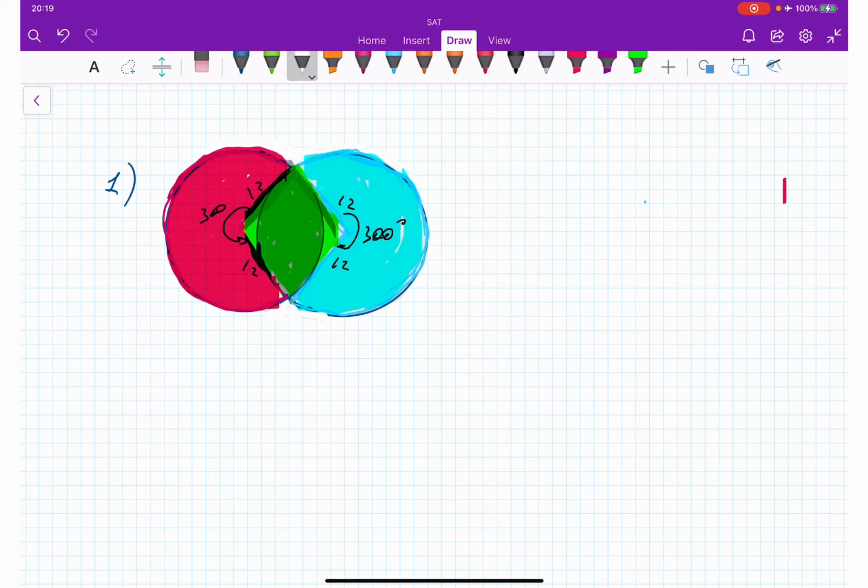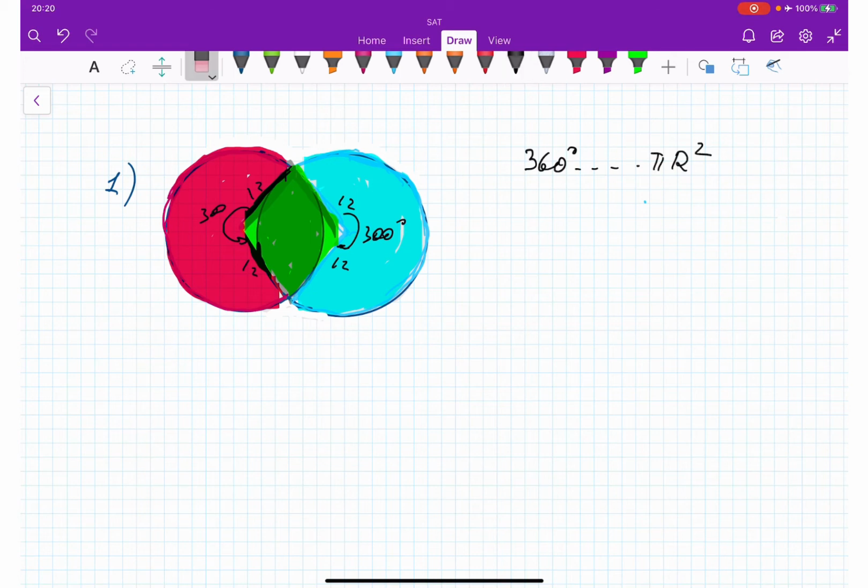Okay, well, let's start working. We know that the area of the entire circle is pi r squared. 360 degrees corresponds to pi r squared.